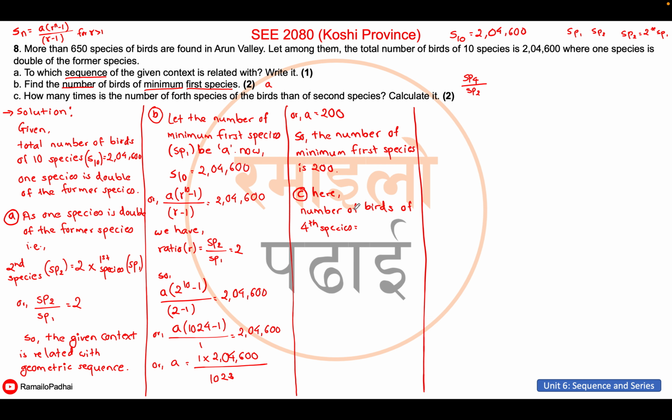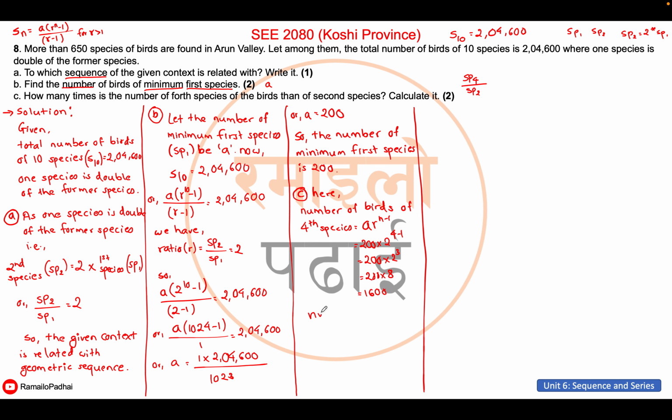The fourth species T4 is equal to a r to the power n minus 1, which is equal to 200 times 2 to the power 4 minus 1, which is equal to 200 times 2 to the power 3, which is 8, so 200 times 8, so that is 1600.